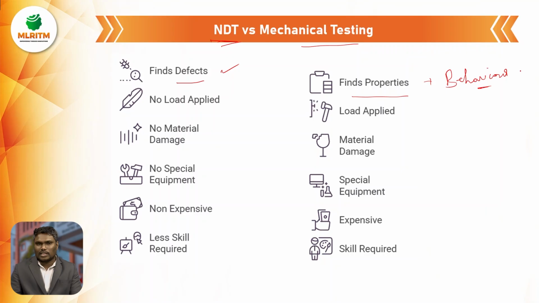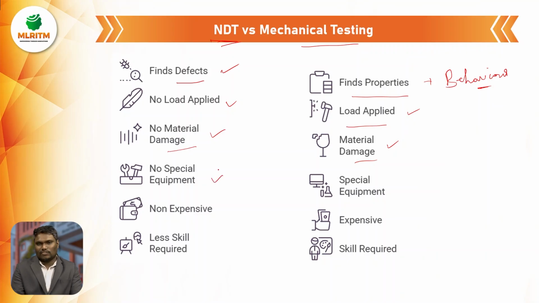In the NDT process, no load is applied, so no destruction occurs. But in mechanical testing, load is applied so that it can break the material and the properties can be obtained. Here no material is damaged, since no load is applied. In mechanical testing, material damage occurs.